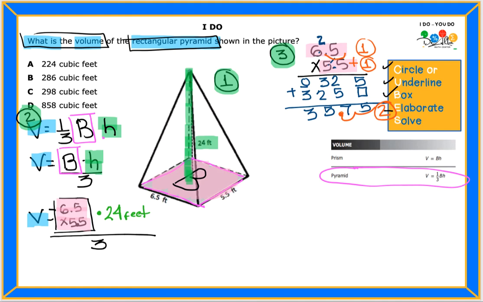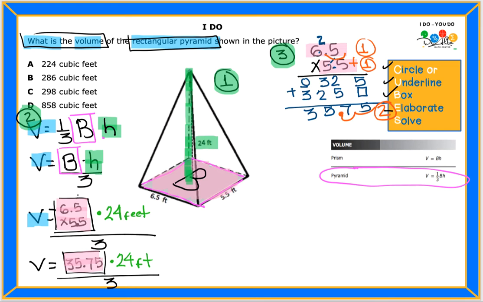So I'm going to write volume equals the area of the base, which we already figured, and that is 35.75. This is the pink rectangle, the area of the base. We need to bring down times the 24 feet. And then we have the division symbol and then the 3.